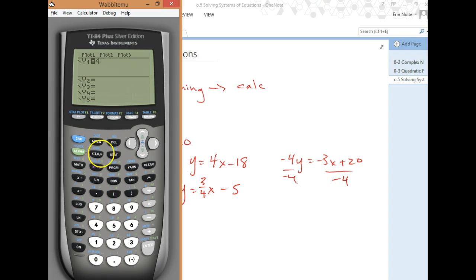Okay, so x minus 18. And then I'm going to use my fancy little fraction button. Alpha y equals and do 3/4 x minus 5. Everybody okay with that?